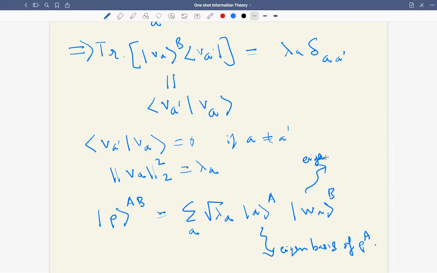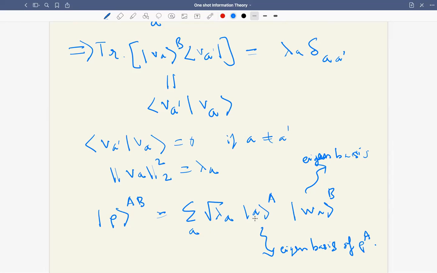Okay, so this is a very beautiful thing. It says that you take any vector in the tensor product space, and there is a special way of writing it. Take this vector, treat it as a density matrix by doing ket-bra, so I get rho AB, a rank one density matrix. Look at its reduced states, rho A and rho B, and find their eigenbases.